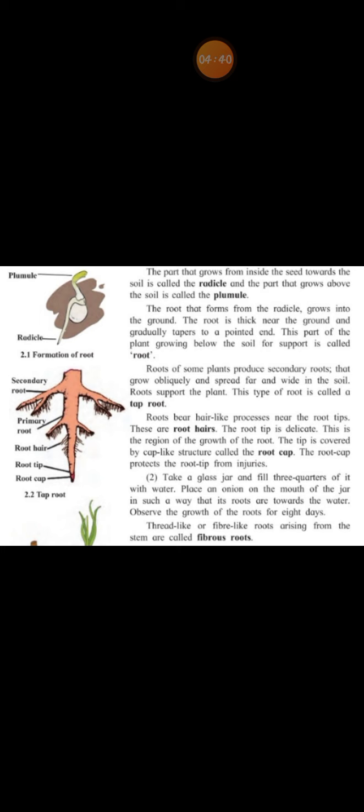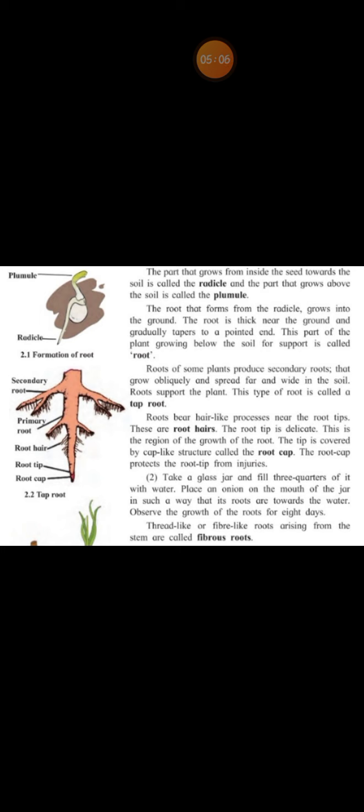Roots support the plant, and this type of root is called a taproot. Children, you can see in figure 2.2 that there is a main root and sideways of that there are secondary roots formed. See the figure carefully, children.